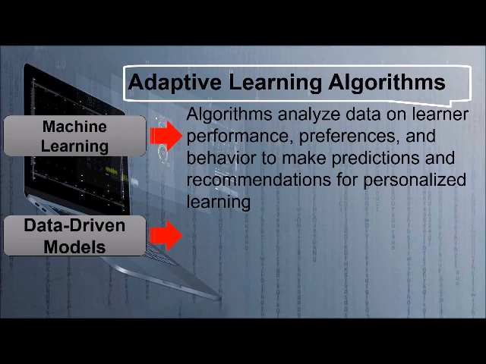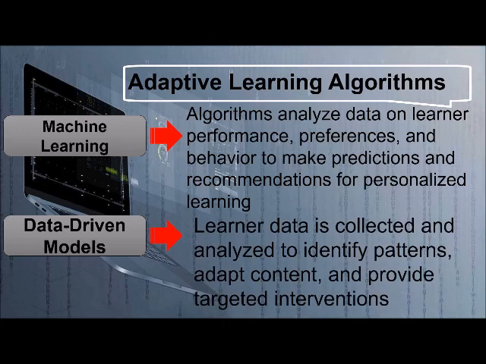As its name suggests, adaptive learning can adapt to rapidly changing data sets, making it more applicable to real-world situations. The next one is the data-driven models. In data-driven models, learner data is collected and analyzed to identify patterns, adapt content, and provide targeted interventions.